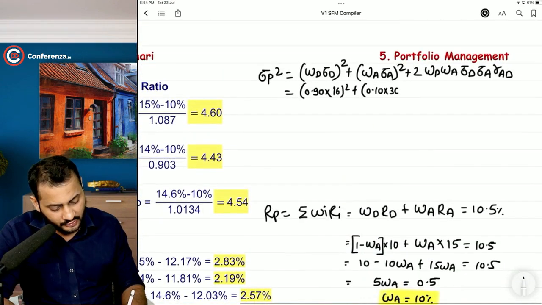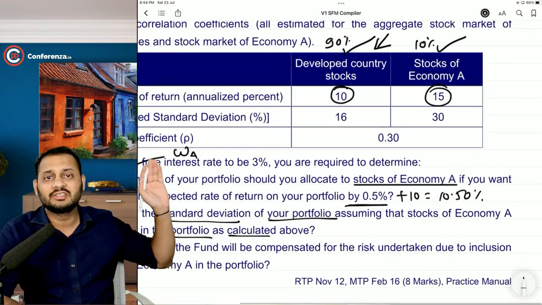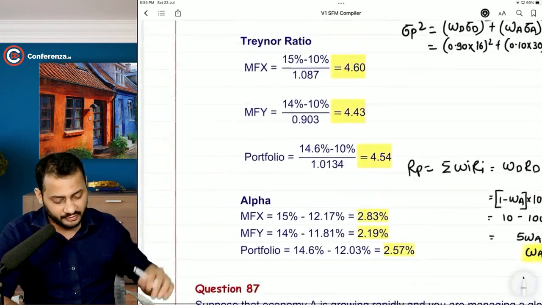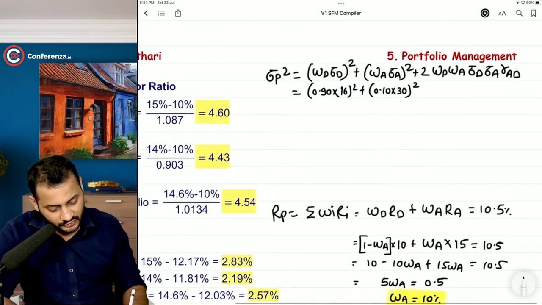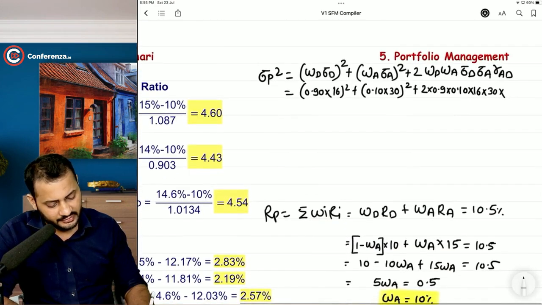See, you can clearly see the economy which is growing has a 30% standard deviation as compared to the developed country stocks, which is almost half of it. So 0.3 square plus 2 into 0.9 into 0.1 into 16 into 30 into, what is the correlation coefficient? 0.30.